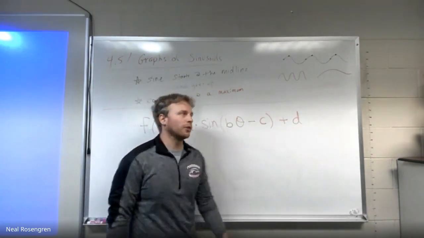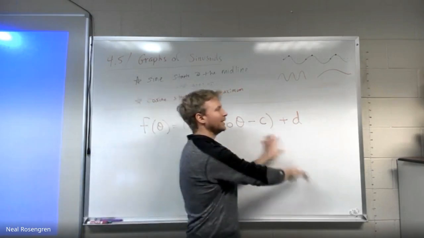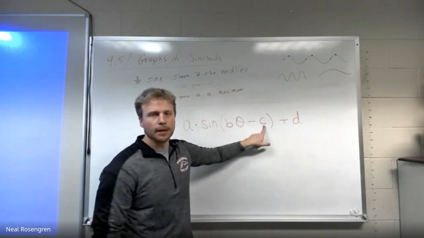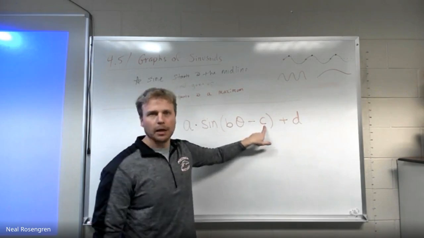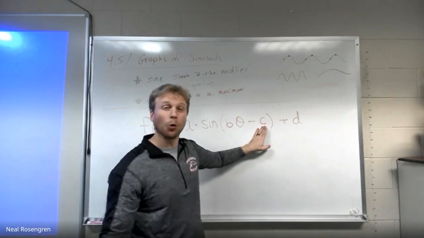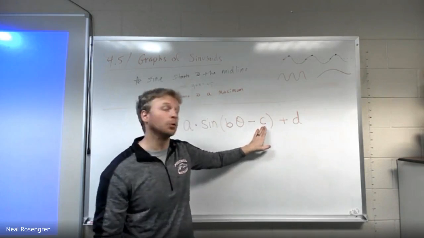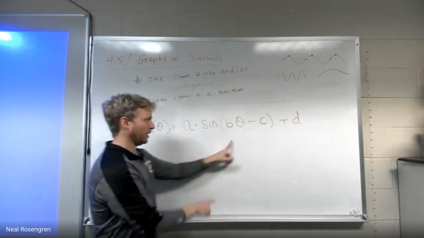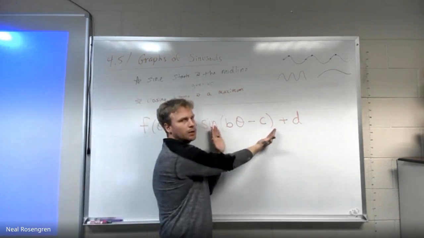And so the problem with what's written here is that this C is actually misleading. This is not the horizontal shift that we hoped it would be. Think about what would happen if I plug in a theta in here.